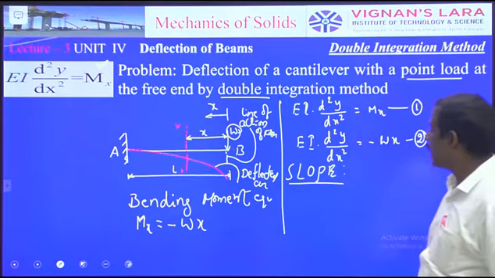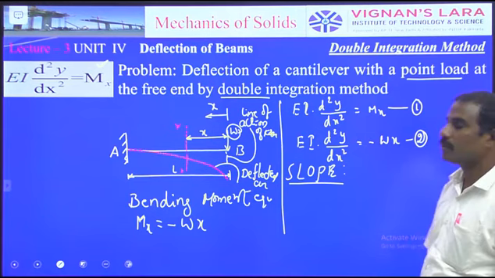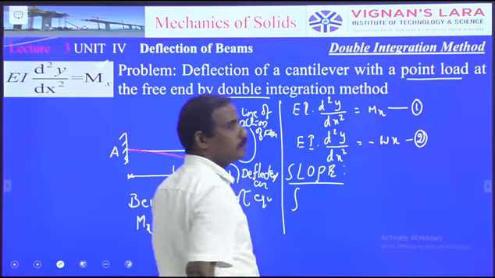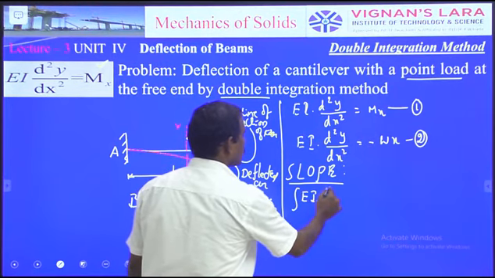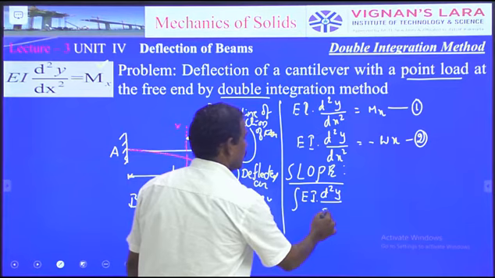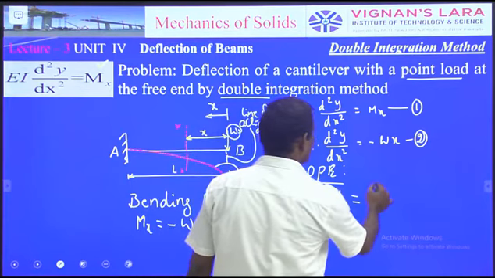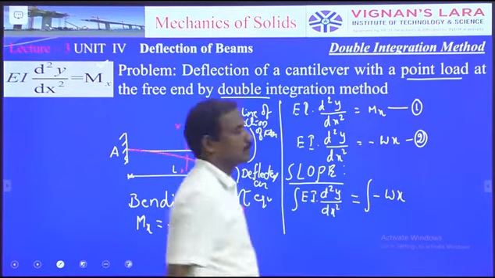To obtain the slope, just integrate equation number 2 on either side. Therefore, integral EI d square y by dx square is equal to integral minus Wx.